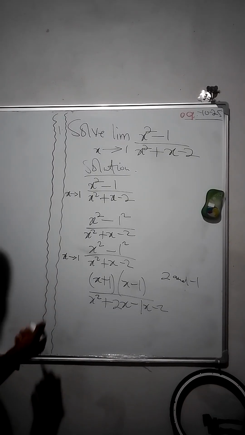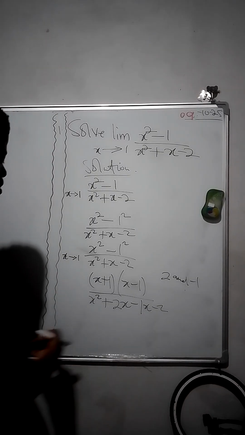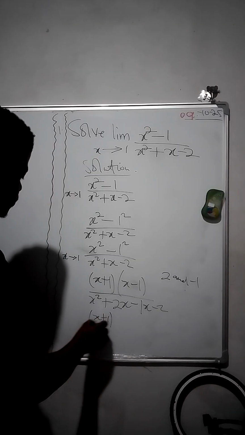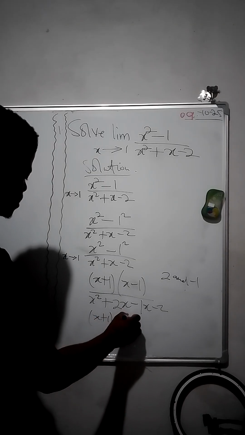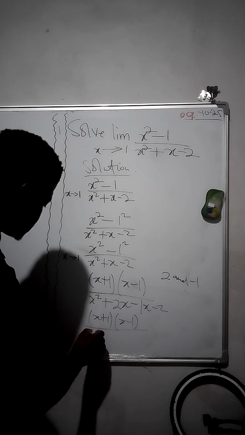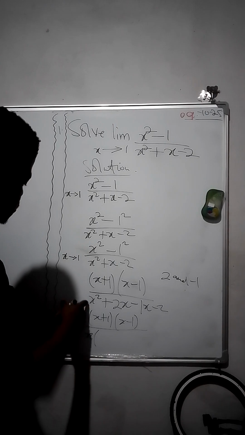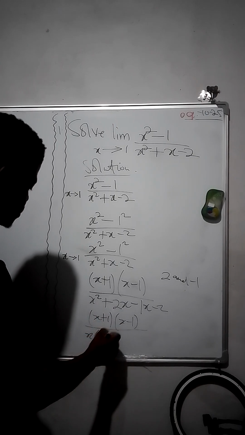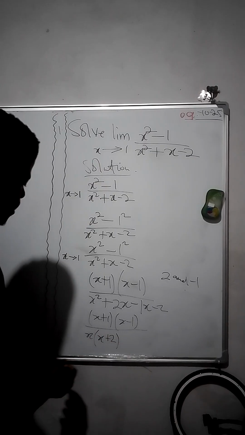From here we can keep the numerator as x plus 1 times x minus 1, divided by this denominator. Now we factorize by grouping: x, open bracket, x into x squared is x, and x into positive 2x gives positive 2.